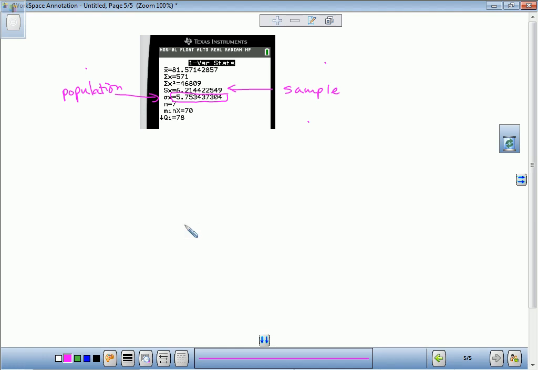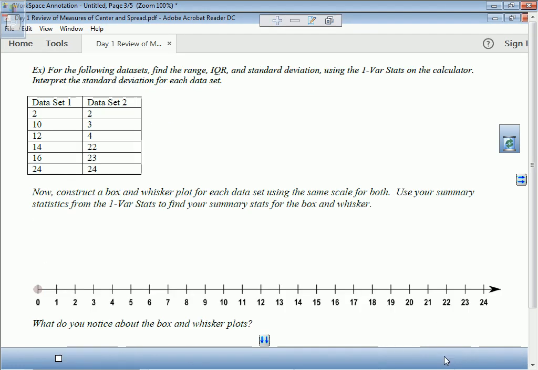Sample, population. Got it? All right. So if it's in context of a problem and we can tell it's a sample, we would use the sample standard deviation. If it's just a data set I give you, you would use the population standard deviation. And that's how we're going to differentiate between those. So we have to determine, is it a sample? Is it the entire population?